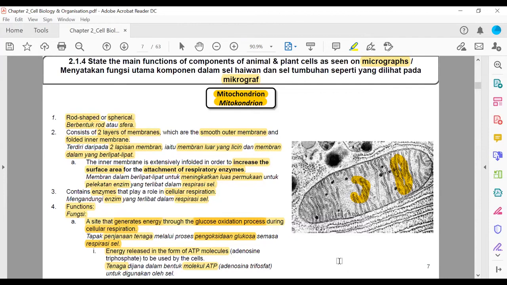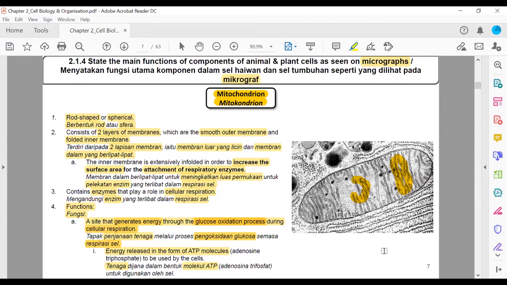So maknanya mitokondrian akan menghasilkan tenaga dan tenaga ini akan disimpan dalam satu molekul yang dipanggil sebagai ATP molecules, adenosine triphosphate.